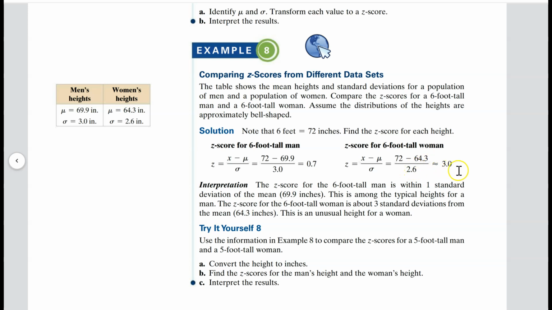And you get that her z-score is 3, which means that her height is 3 standard deviations above the mean height for a woman. So the woman who's 6 foot tall would be unusual. The man who's 6 foot tall would not be too unusual.